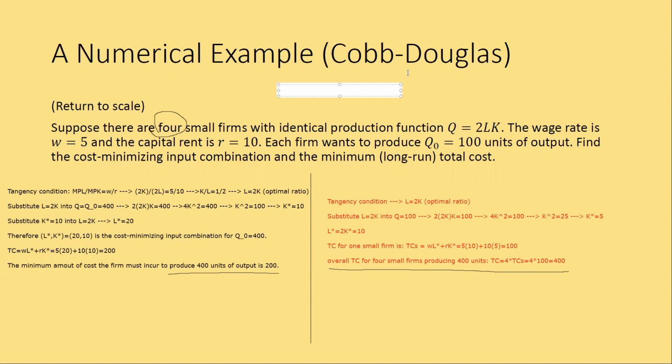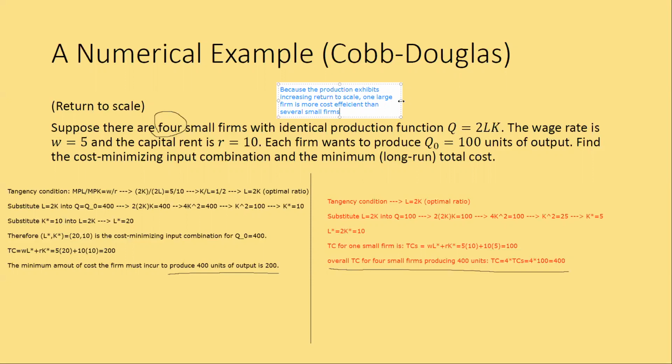I can probably put it here, and let me use a different color again. The blue one, maybe. Because the production function exhibits increasing return to scale, one large firm is more cost efficient than several small firms.